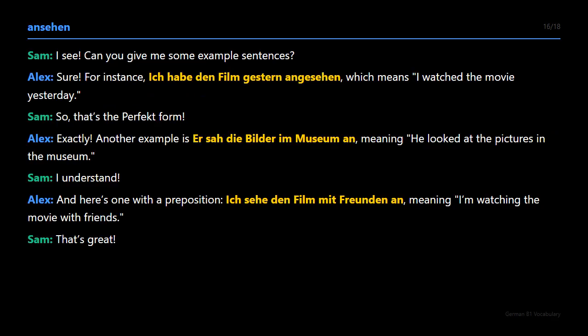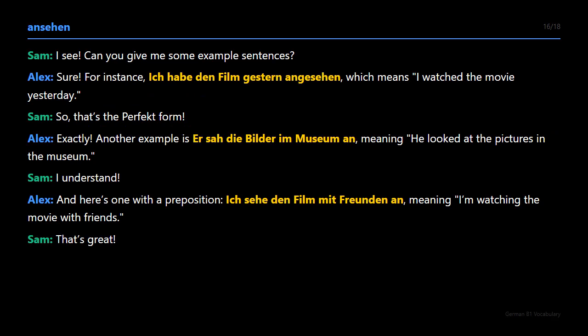I see. Can you give me some example sentences? Sure. For instance, ich habe den Film gestern angesehen, which means I watched the movie yesterday. So, that's the perfect form. Exactly.